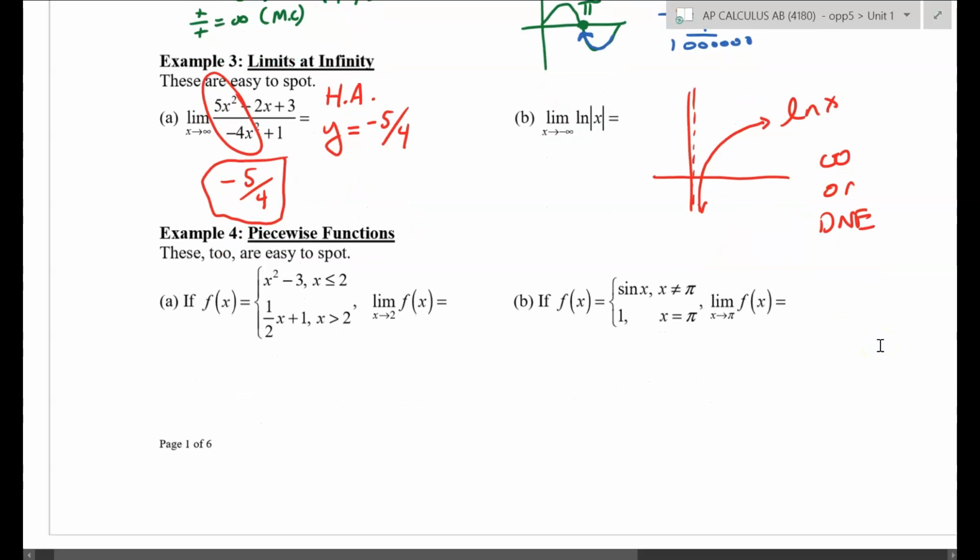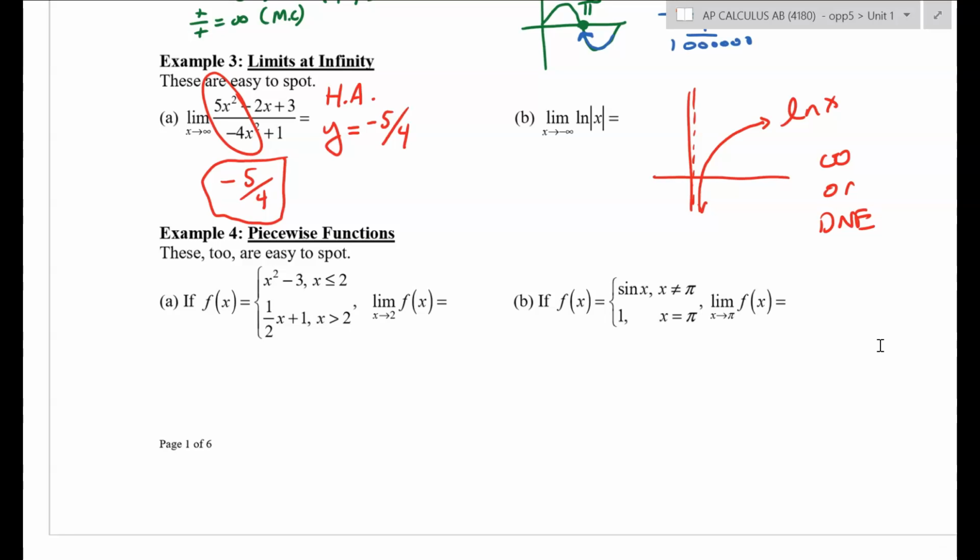Piecewise functions. When we look at piecewise functions, we're typically determining if our function has a limit at that value or not. When does something have a limit?